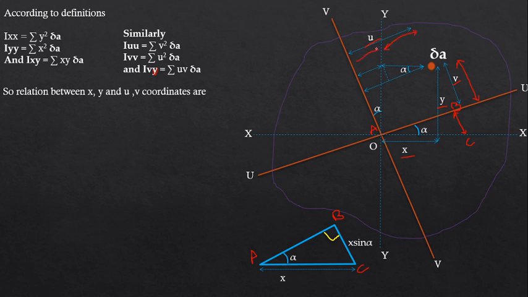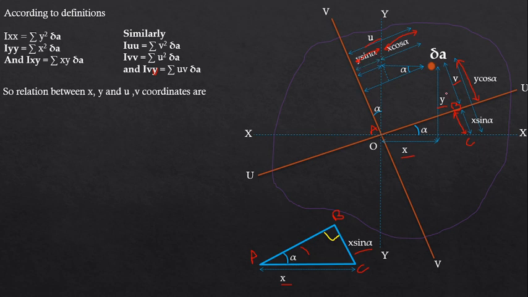If AC is equal to x and there's an angle alpha, then BC will be x sin alpha. Similarly, using these coordinates, this will be y cos alpha, this will be your x cos alpha and y sin alpha.